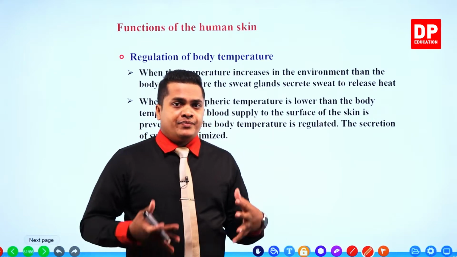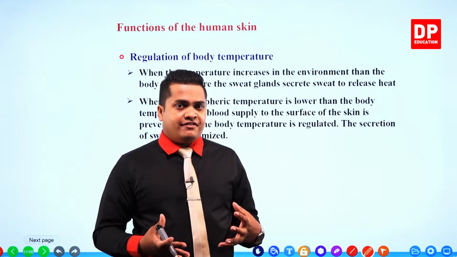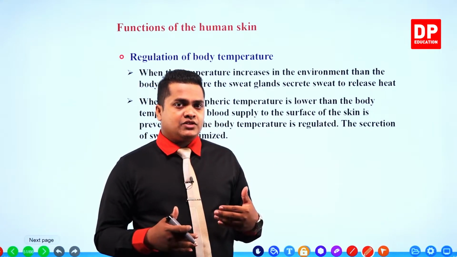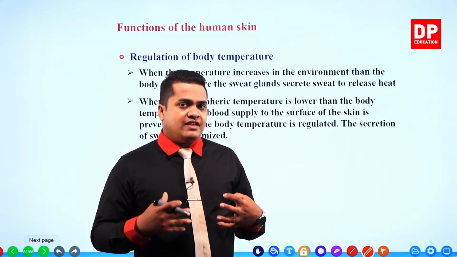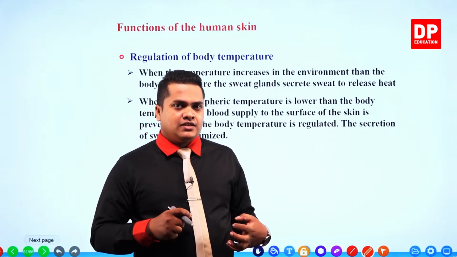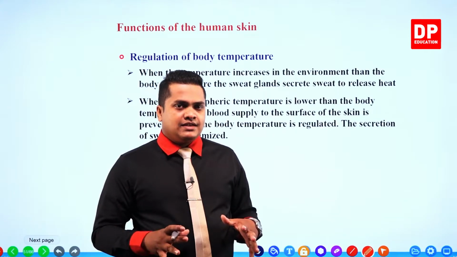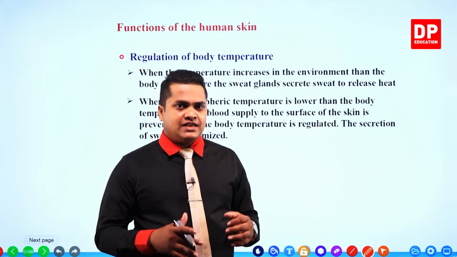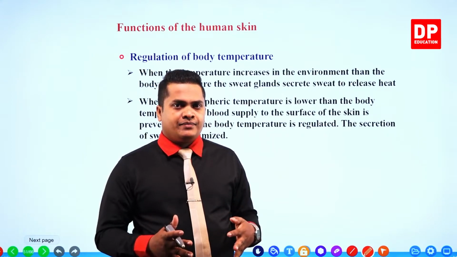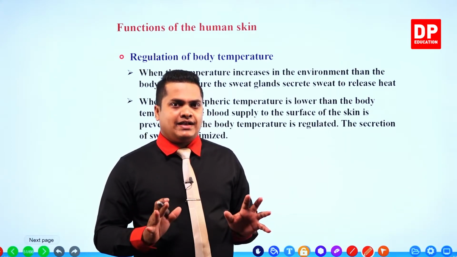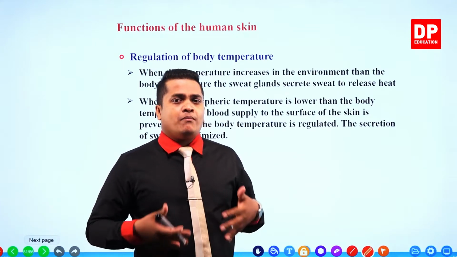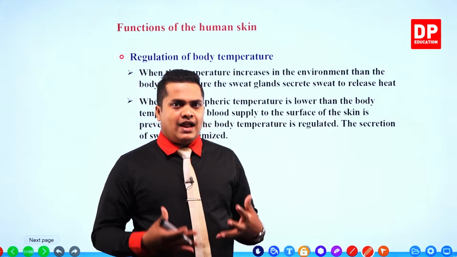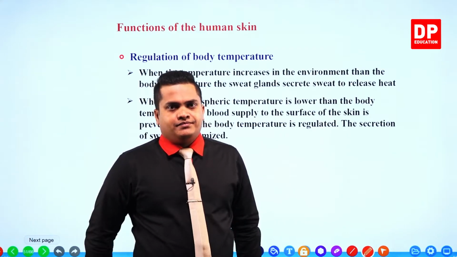Now, my dear children, if the environment temperature is going to rise up, we feel warmth or some amount of heat. So in that case, you know that our skin is going to produce sweat. When sweat is evaporating, heat energy is getting absorbed from the body, right?